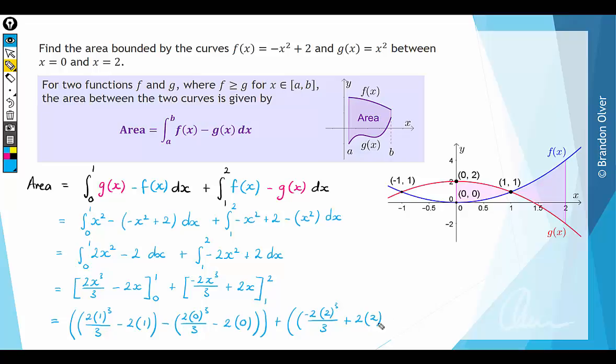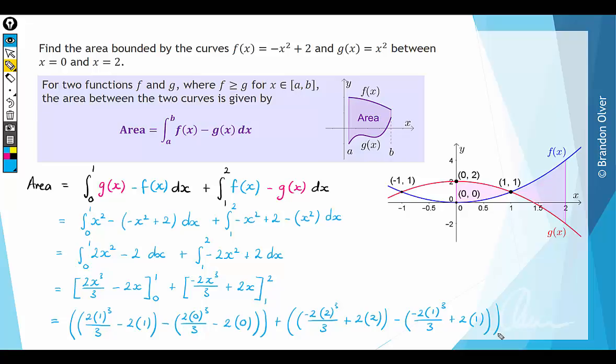And then from that, we're going to subtract away the antiderivative evaluated at 1. So we're going to have minus 2 times 1 to the power of 3 over 3, and then we're going to have plus 2 times 1.